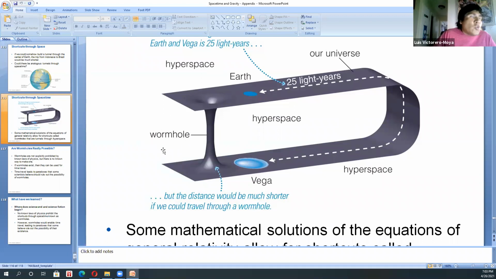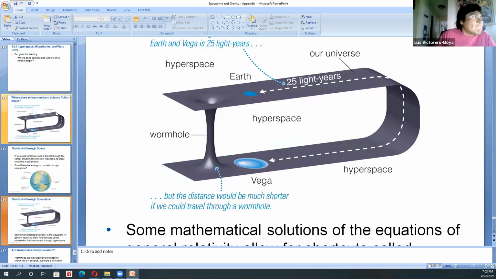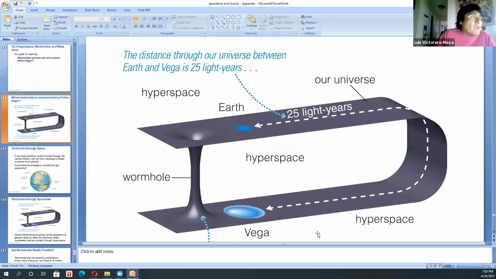A wormhole is a solution of Einstein's equations applied to black holes. If you apply Einstein's equations to black holes, you get a wormhole. It's a solution. And it's called hyperspace. Or as I told you last time, the fifth dimension, because you are going instantaneously.